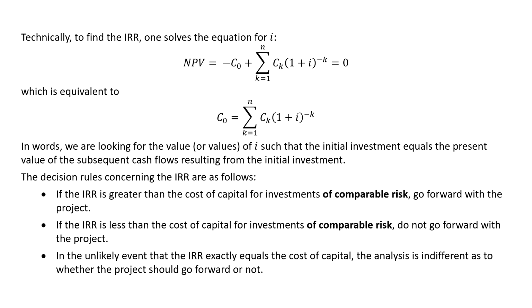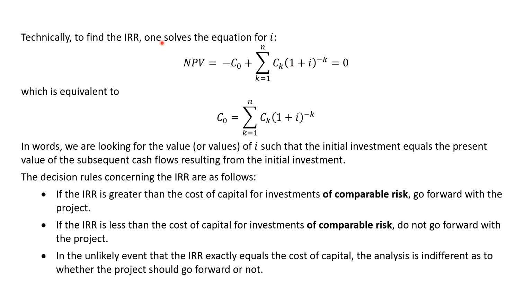Recall from the previous lesson that NPV is given by this equation here, where the C sub 0 was the initial investment. That's why it's negative. And then the C sub 1, 2, up to N, were the cash flows discounted to the time of the initial investment. That's why we have this term in here.